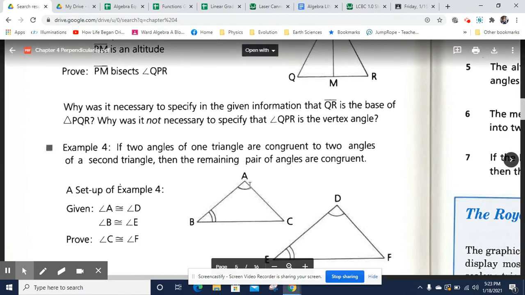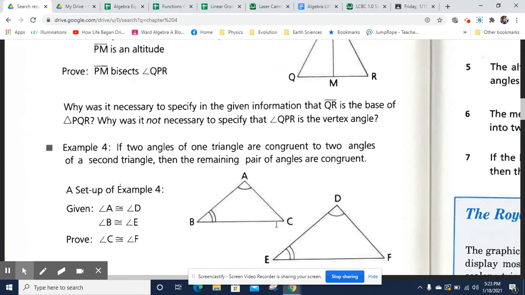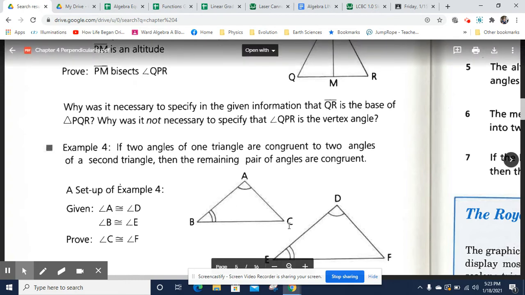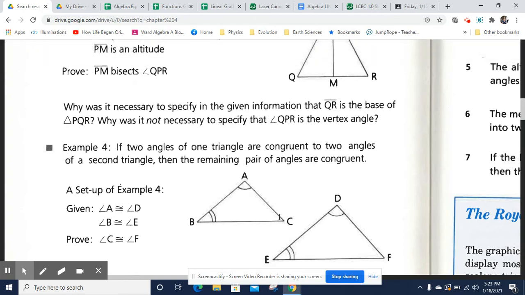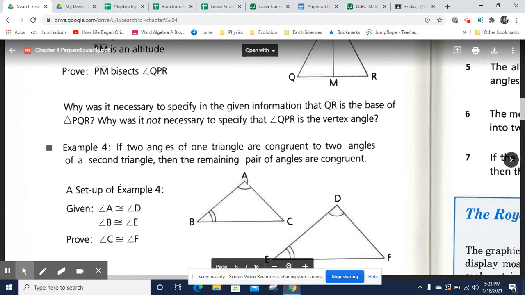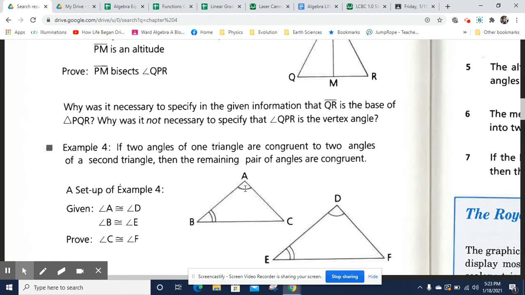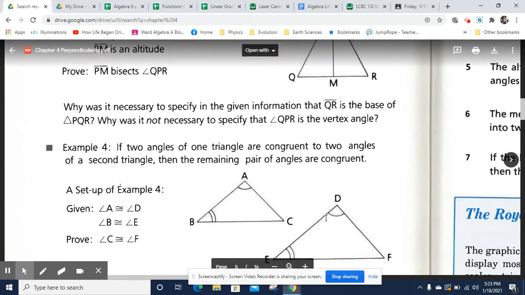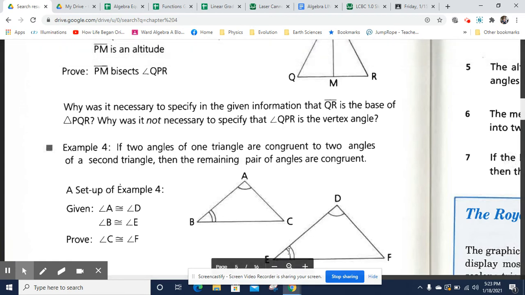Well, A plus B plus C has to equal 180. A plus B is going to be something that's supplemental to C. And D plus E is going to add up to the same thing. We're adding congruent angles. So we'll have two sums of congruent angles that you would subtract from 180 to get the remaining angles.